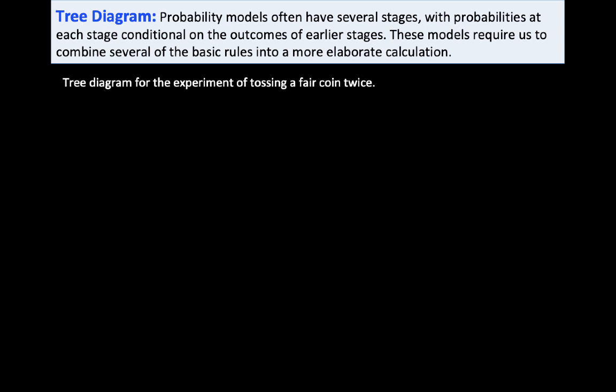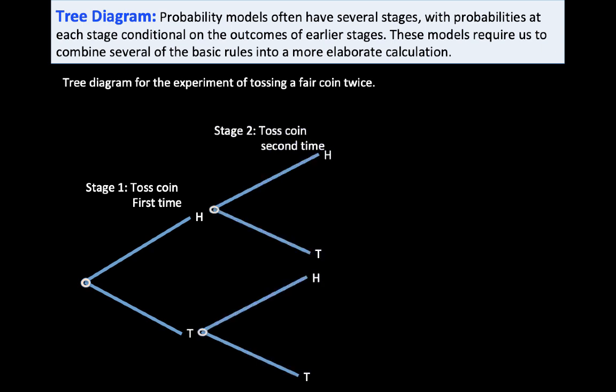Then we go to the second time. First think about only the first time. So this should be this. Stage 1: toss coin first time. Then next time, you see first time you have H, so second time can be H and T. Or first time you have T, second time can be H and T. Therefore, this is the tree diagram for this experiment.